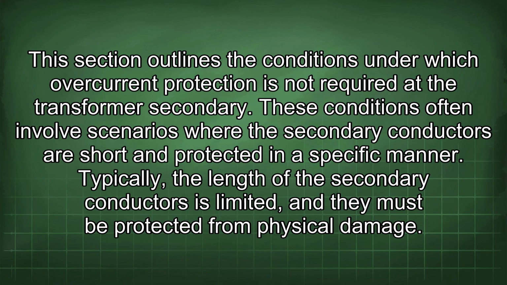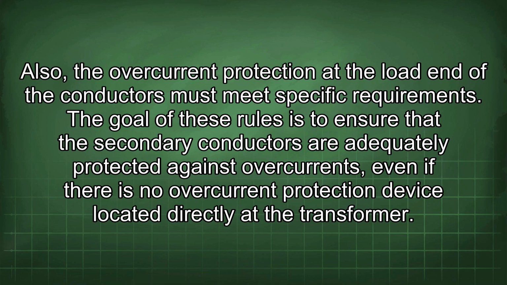Typically, the length of the secondary conductors is limited, and they must be protected from physical damage. Also, the overcurrent protection at the load end of the conductors must meet specific requirements. The goal of these rules is to ensure that the secondary conductors are adequately protected against overcurrents, even if there is no overcurrent protection device located directly at the transformer.